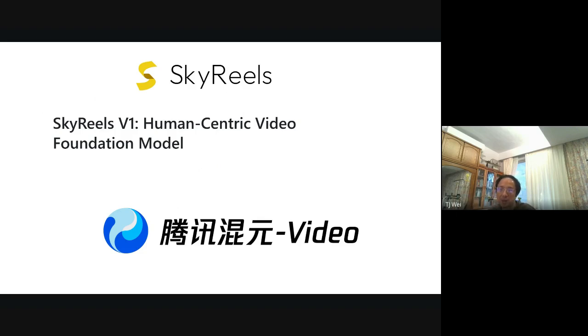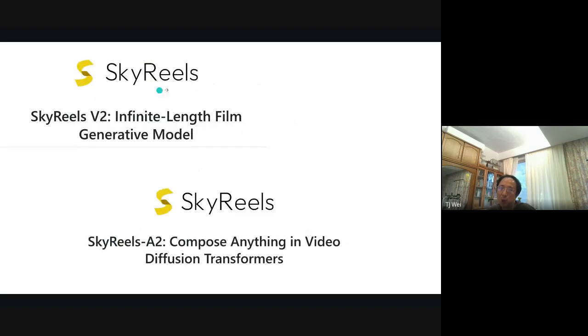SkyReels itself is quite interesting. It released a lot of different video models, like a model that can generate infinite length film, which is worth seeing. And it also has SkyReels A2 that composes anything into video. I'm not sure what these two models are based on, but they are quite interesting. The A2 model is kind of like the Phantom model we saw before. They can compose different input things into a video.